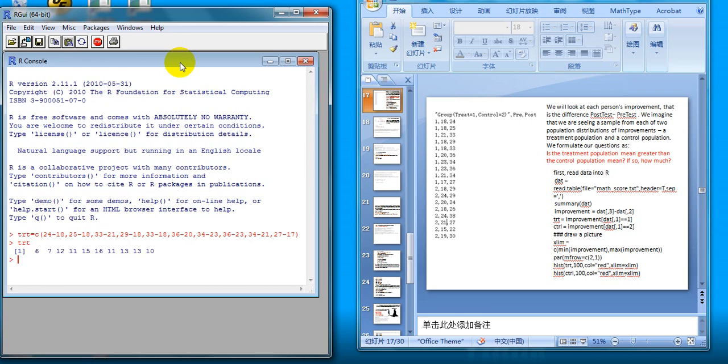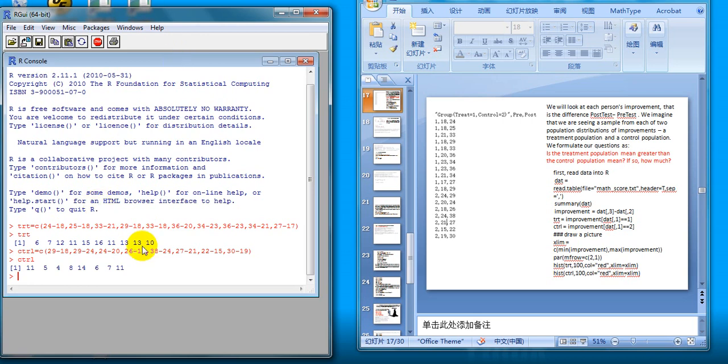We can see those are the treatment and control.